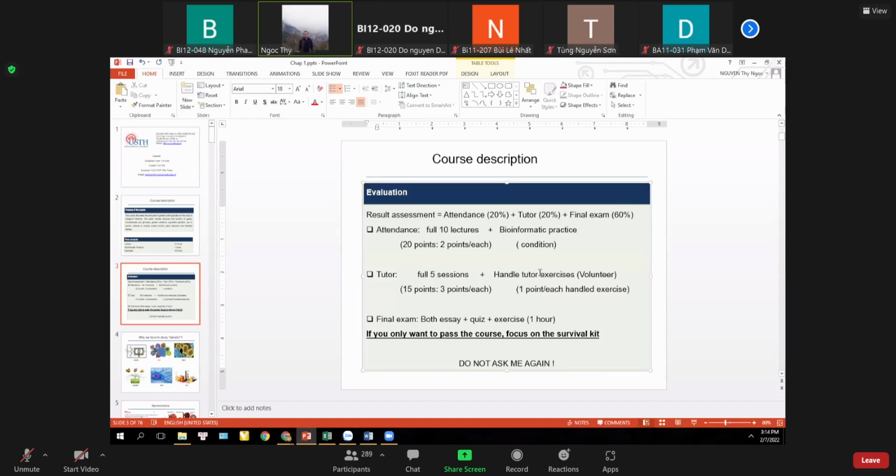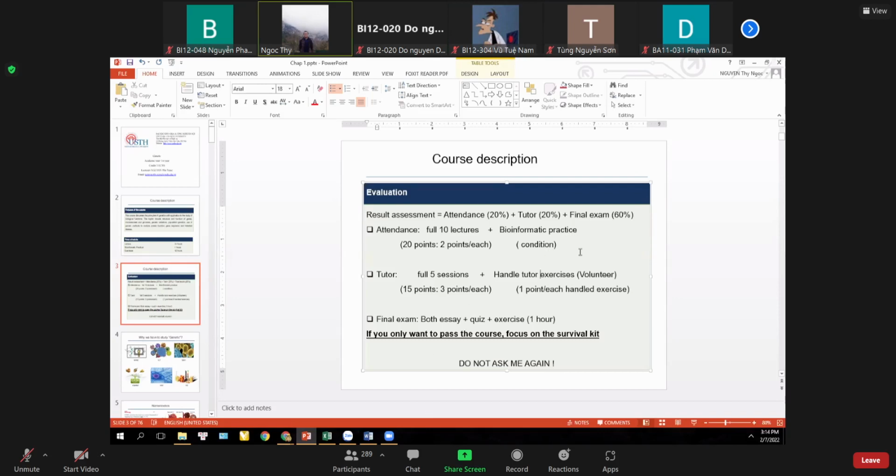Besides that, you will be called on to volunteer to handle exercises. If you successfully handle one exercise in the tutor, you will have 1 point. Of course, you have to handle it perfectly. That means you not only provide the result, but also provide the full solution. Do you have any questions?